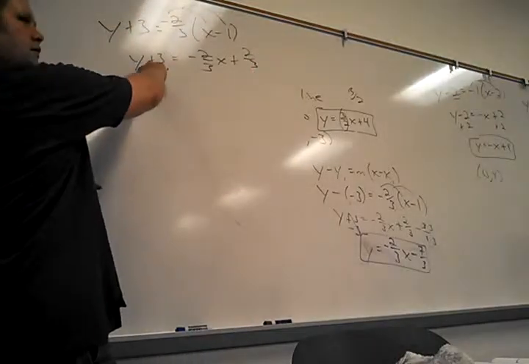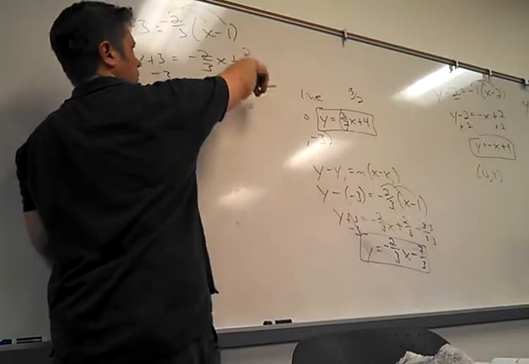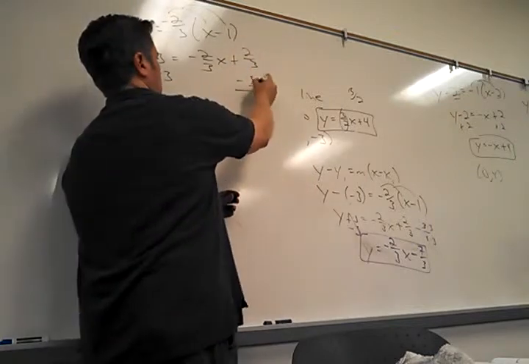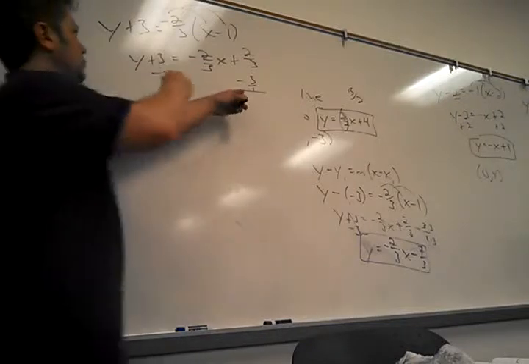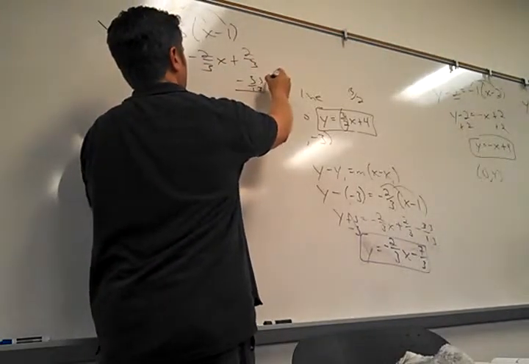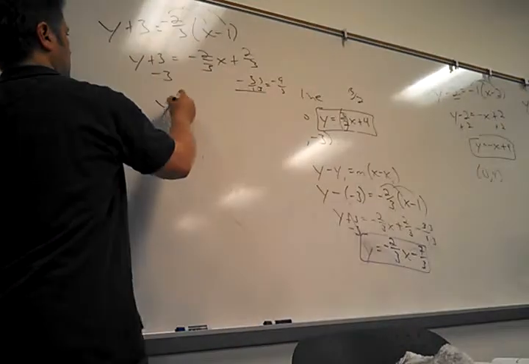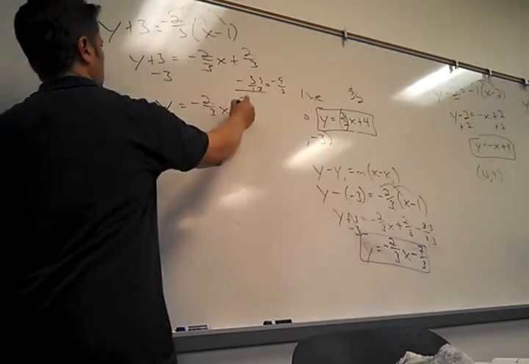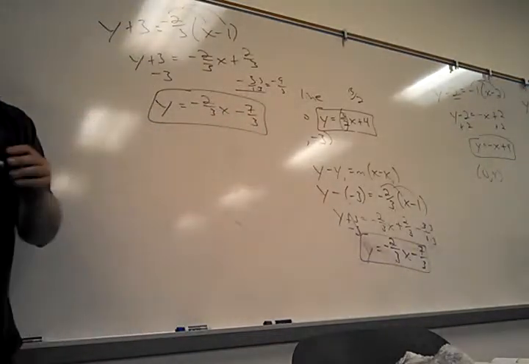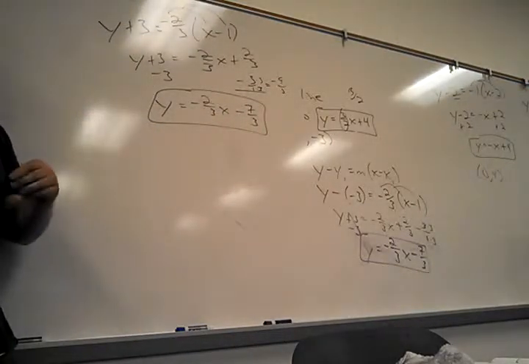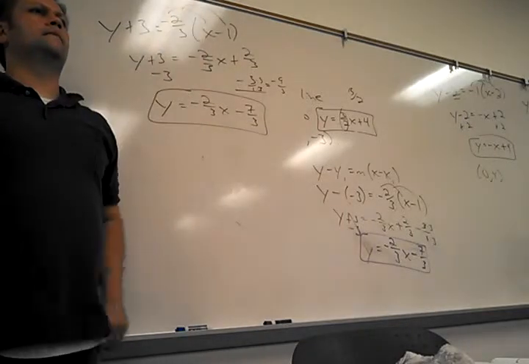How do I get y by itself? Minus 3. Okay, I think I got it. I wasn't distributing the 2/3 into the 1. And of course, here's where we had to multiply by 3 to make it negative 9/3. So 2/3 minus 9/3 is negative 7/3. I wasn't distributing the 2/3 into the 1. Gotcha.